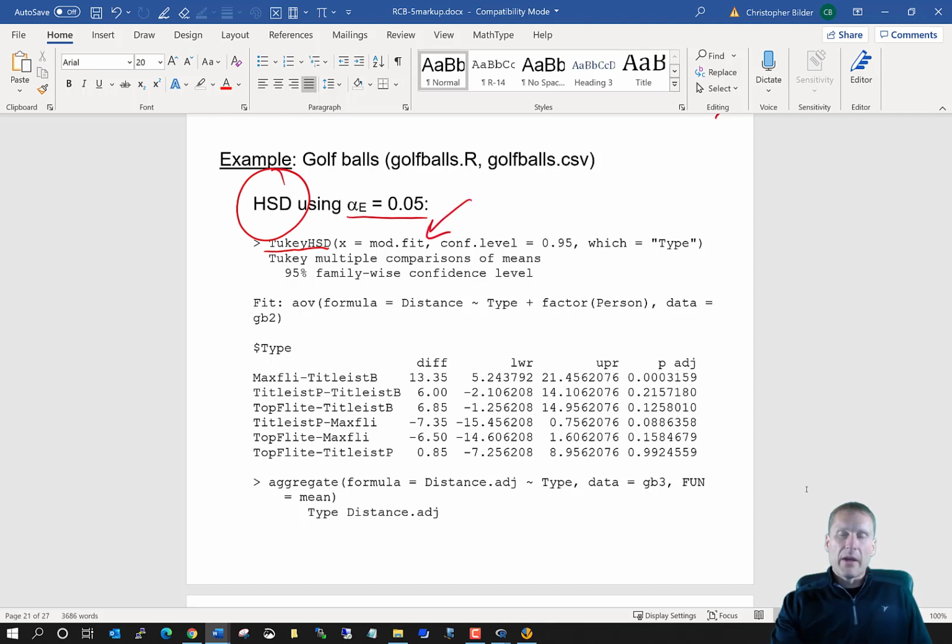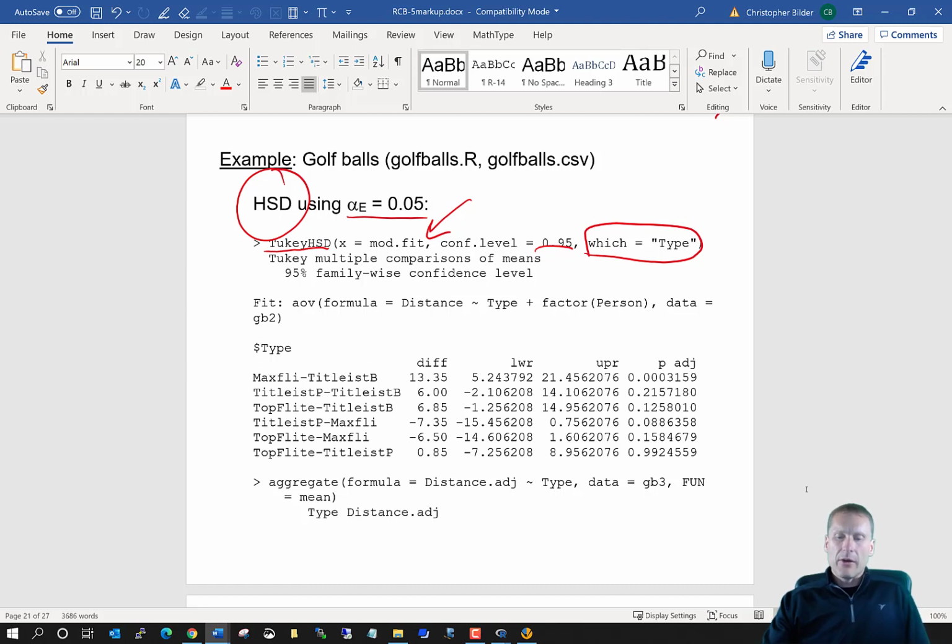Here's my information from AOV saved in the object called mod.fit. My confidence level is 0.95. And then I also need to include an additional argument. Because we had type and person in the model statement in AOV, I need to say which of those two things I want to do this for. I want to do it for golf ball type.